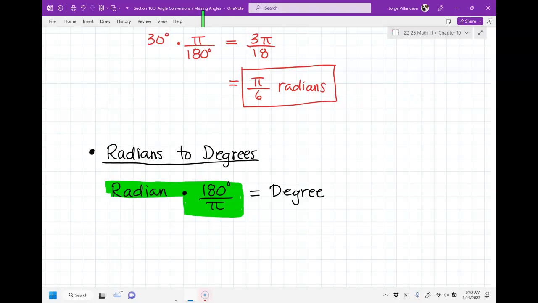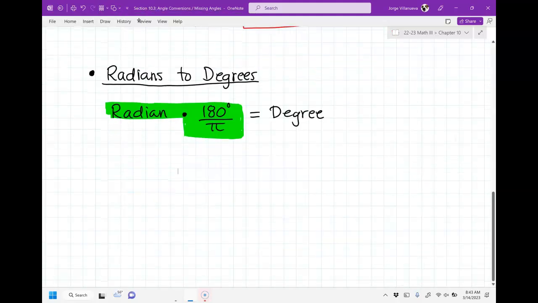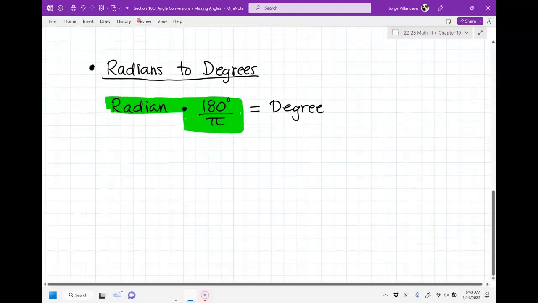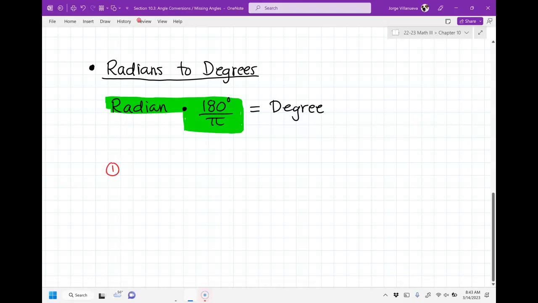So let's do a couple of examples on this. Again, they're not difficult to do. You just got to multiply stuff out. So first one, let's try a pi over 3. We'll go with something on the easier side. There's pi over 3 radians. Sometimes they write the word radian, sometimes they don't.